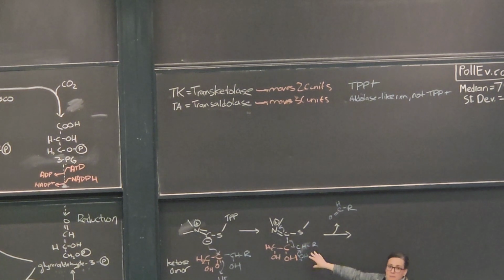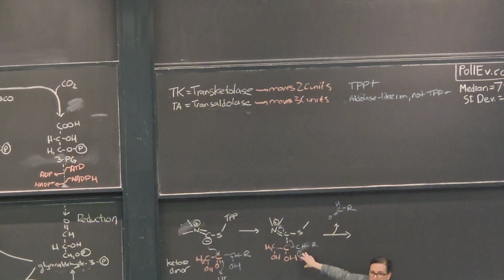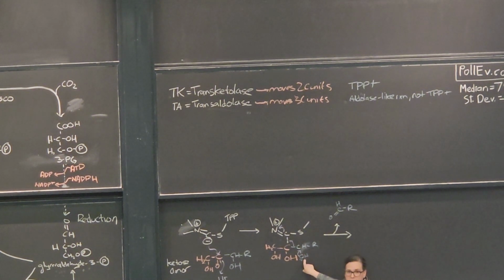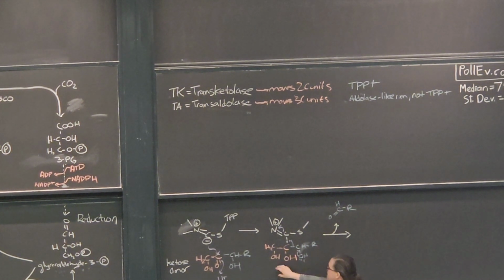I'm going to draw a quick parallel with oxidative alpha decarboxylation here, okay? Right now, we're doing chemistry at this position, at this alcohol. If this was in pyruvate dehydrogenase, instead of this being a hydroxymethyl group, it would be a carboxylate.